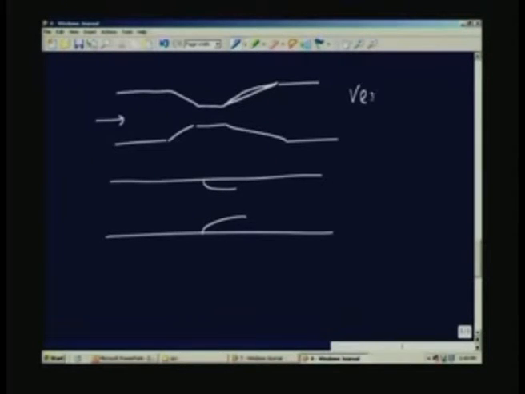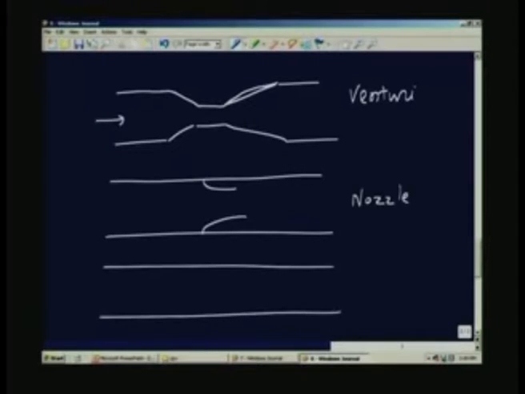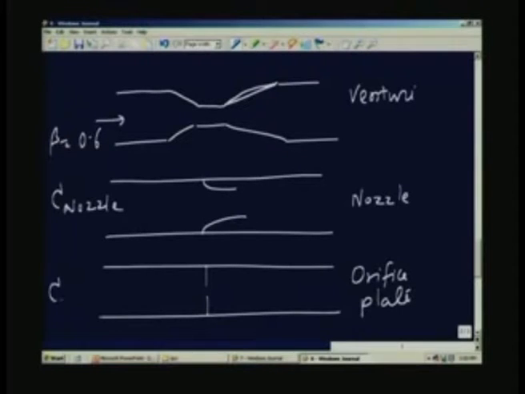So this is venturi, this is the nozzle, and I have the orifice plate, all having the same value of beta in each case. So what I have to do is to work out the appropriate values of C for the case of nozzle and C for the orifice plate.